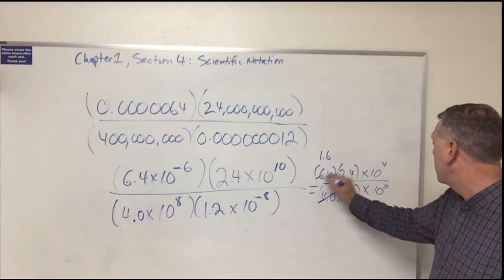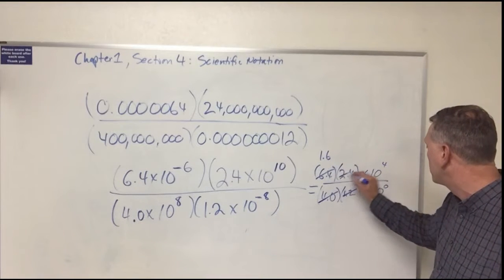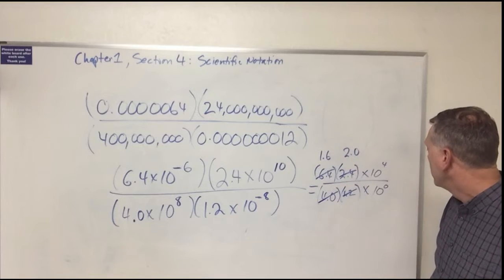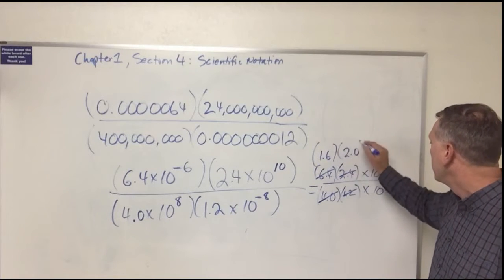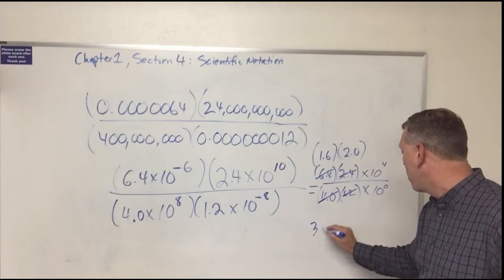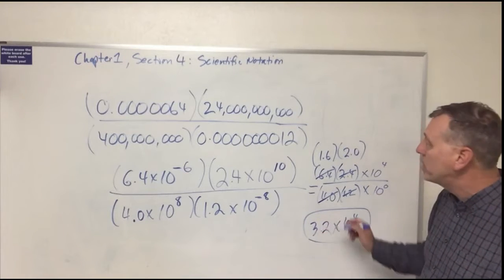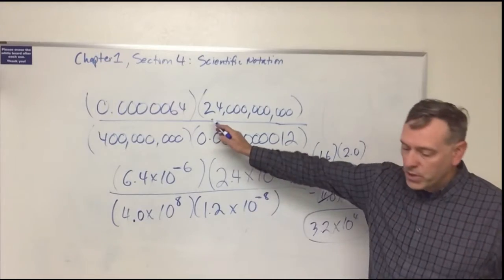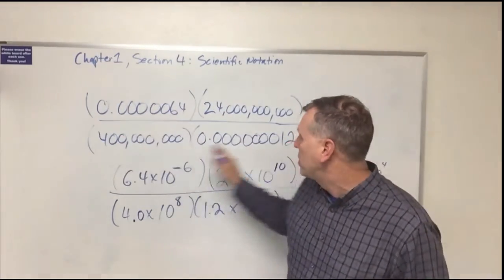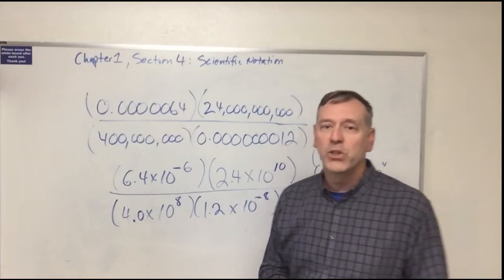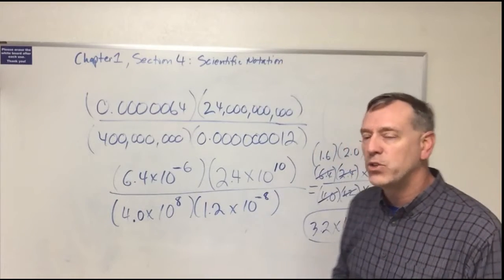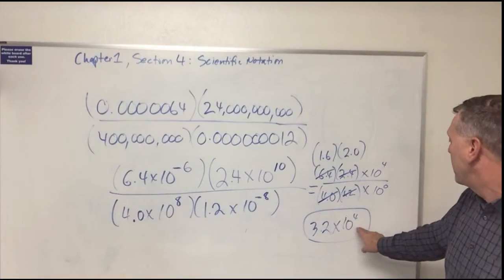And 1.2 goes into 2.4 2 times, so that's 2.0. So by the time this is all said and done, it looks like we have 3.2 times 10 to the 4th. And that is a much simpler final answer than what is written in the original fraction. So that's how using scientific notation can simplify things pretty well.